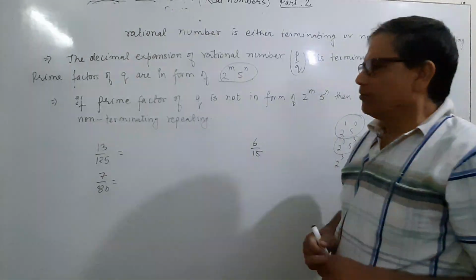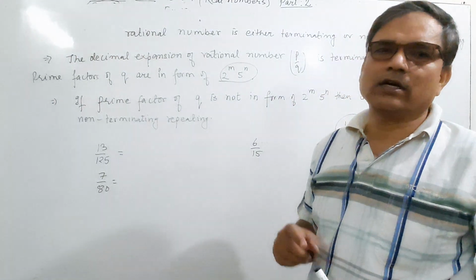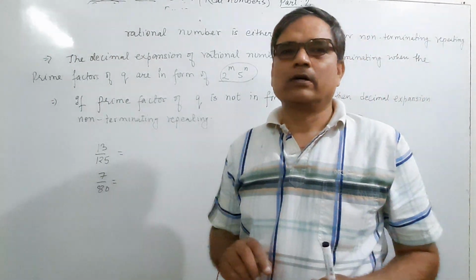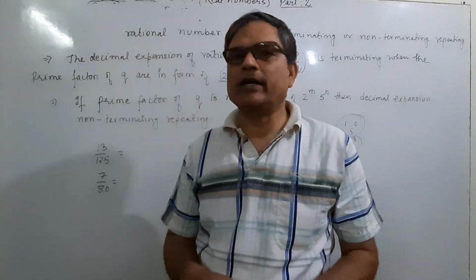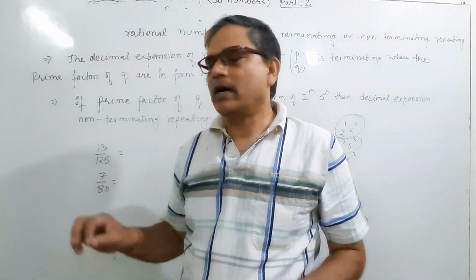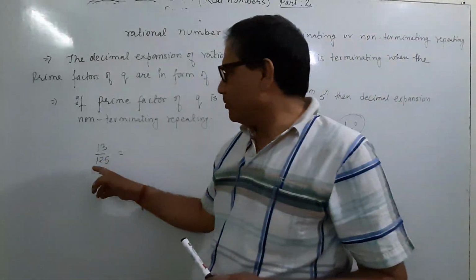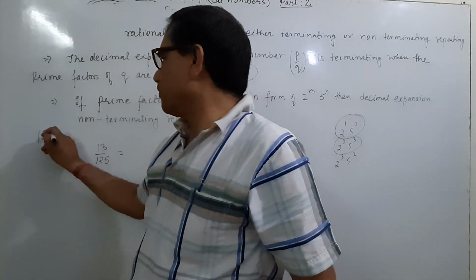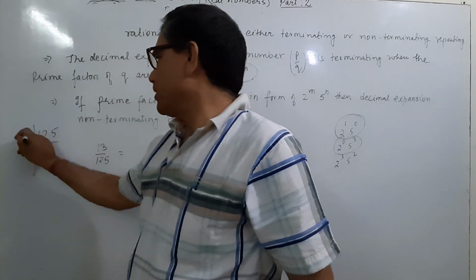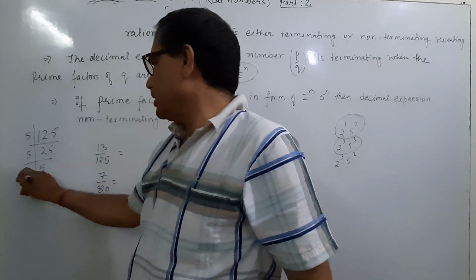For example, first we have to check. Here is 13 upon 125. Is there any common factor between 13 and 125? No, this is the simplest form. Then we have to make the factors of 125. Here is 5, 5, 5.